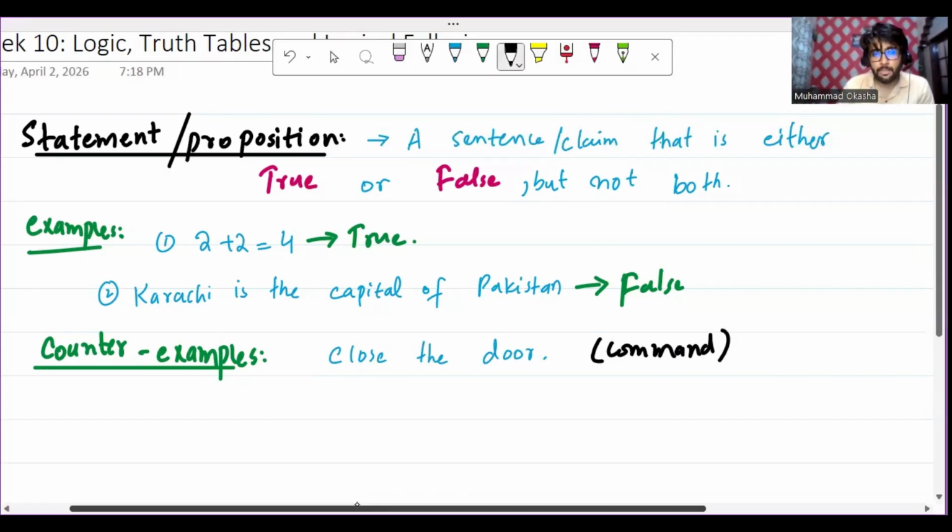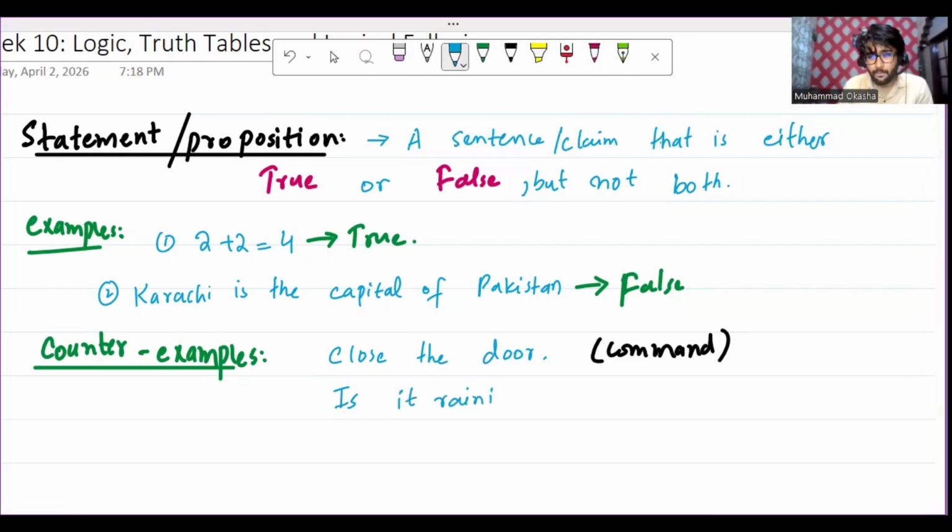For example, if I were to ask you, is it raining? Now, again, this is not a proposition because it is a question, right? Now, if I were to say it is raining, now this is a proposition because it may be true, it may be false, right? But if I put it in terms of a question, is it raining? This is now not a proposition.